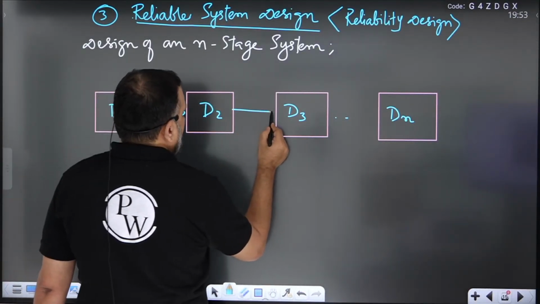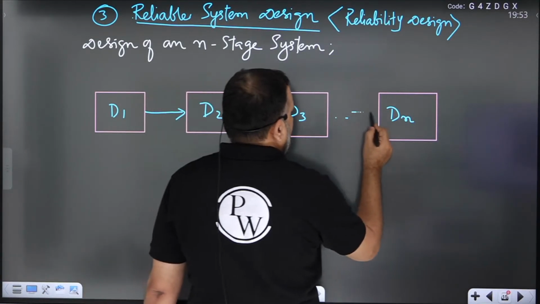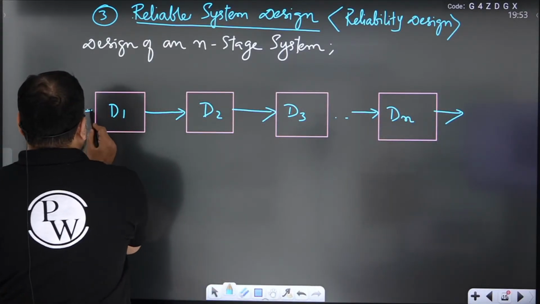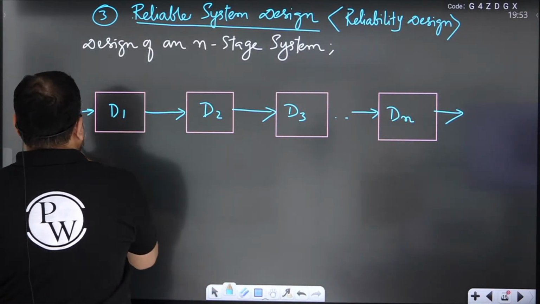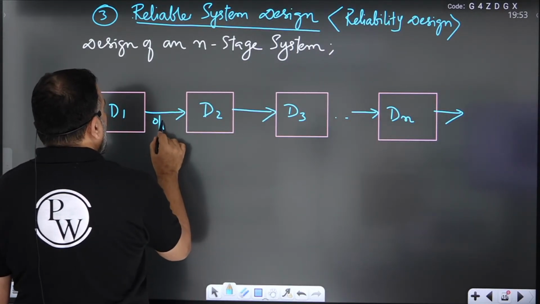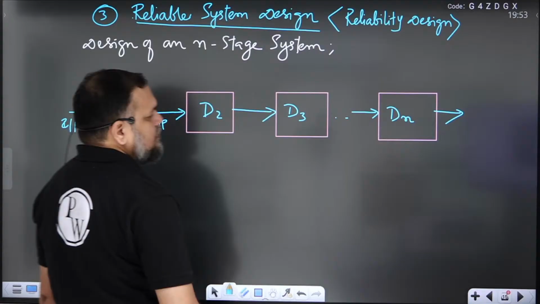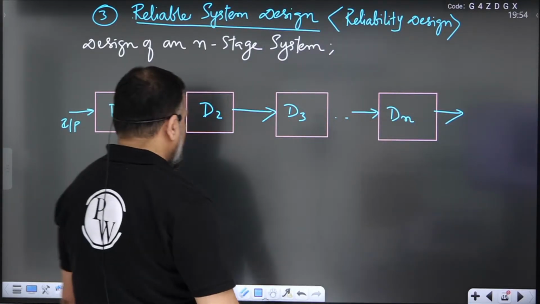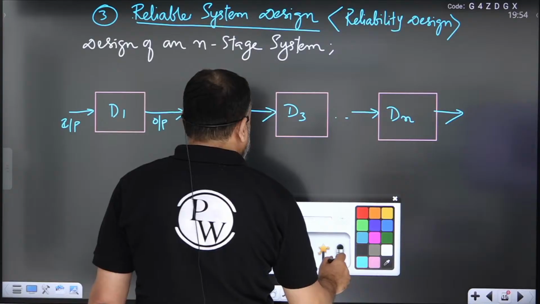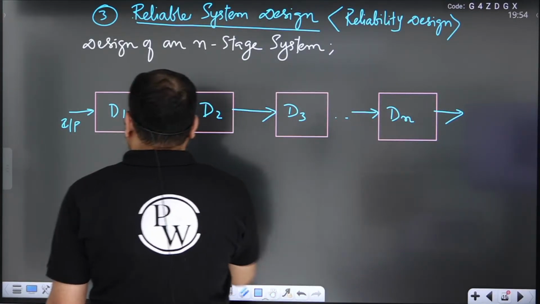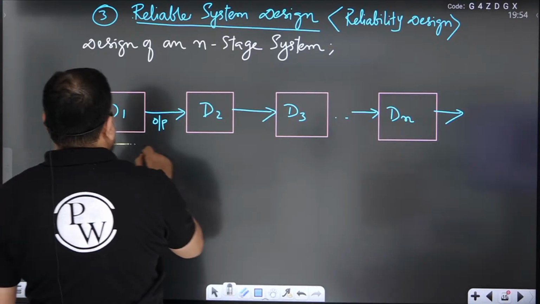I am sure in the subject of digital electronics you might have studied what is the meaning of cascade design. So I will take an externally provided input, process in device D1 to generate the output. Output of device D1 will serve as input to device D2. Output of device D2 will serve as input to device D3, and like that it goes. This is what we call an n-stage system.